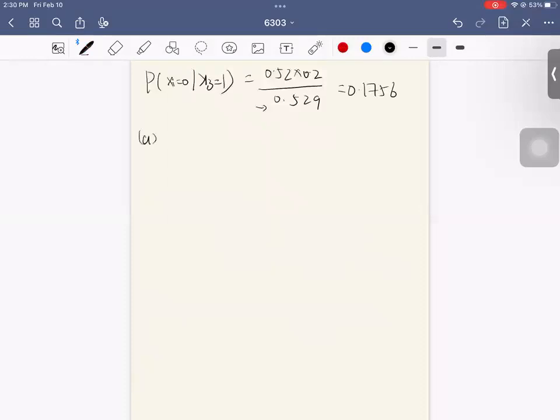And the last question is question D. The question tells us to look at when n is approaching infinity, let's find the probability of xn equals 0. Since n is approaching infinity, n plus 1 is very large as well.